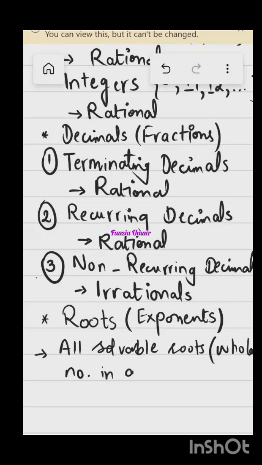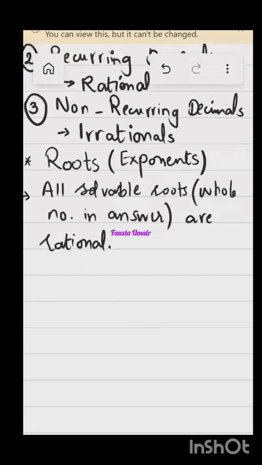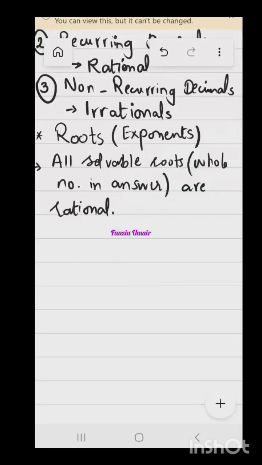So all the solvable roots are rational. Right? Now I will explain what that means. Okay, all solvable roots are rational.